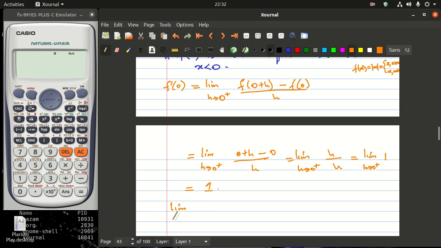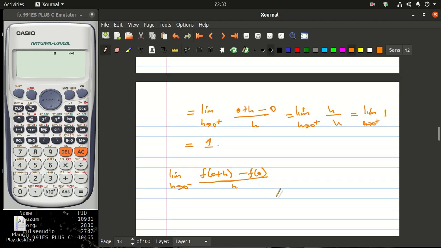So the limit as h approaches 0 of f, or what am I doing now? So I have this on the right. Now I want to look at the limit as h approaches 0 on the left of f of 0 plus h minus f of 0 all over h.